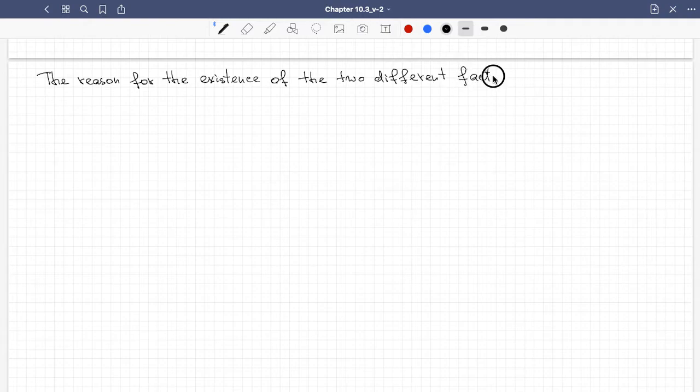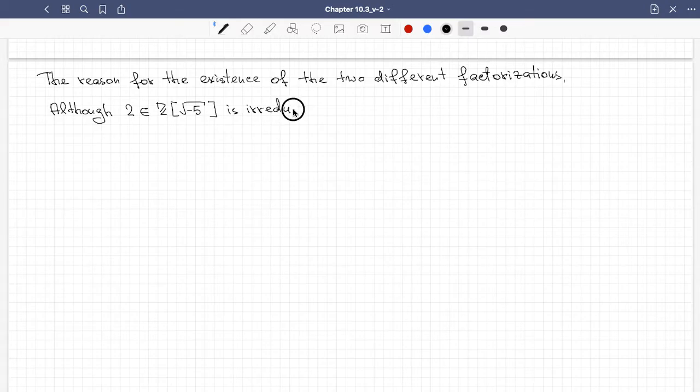So, although 2, as we have checked in this integral domain, is irreducible, the principal ideal 2 is not prime.